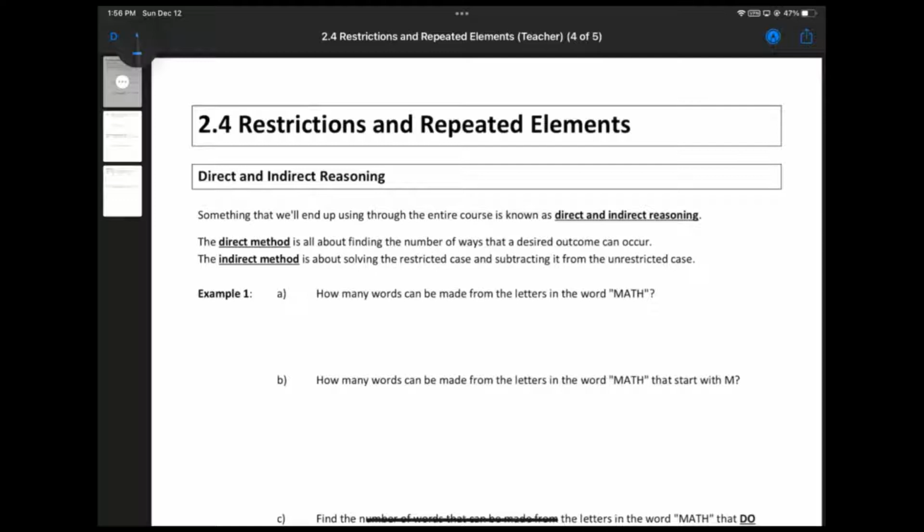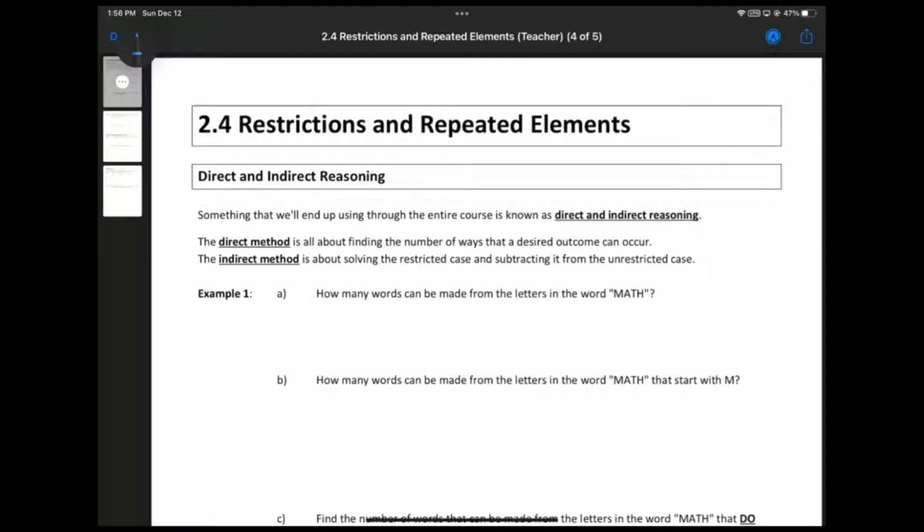So there is no right or wrong answer to which one you should use. The question is, is one method going to give me a faster, easier answer than the other? In some situations, not a lot, but some, one of these two methods will be so much easier than the other that it's really the only logical way to approach the problem. And then there'll be other questions where it really doesn't make any difference at all.